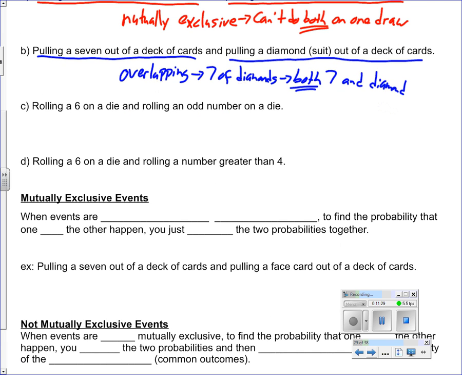In C we have two events, rolling a 6 on a die and rolling an odd number on a die. These are mutually exclusive. I can't do both on one roll.